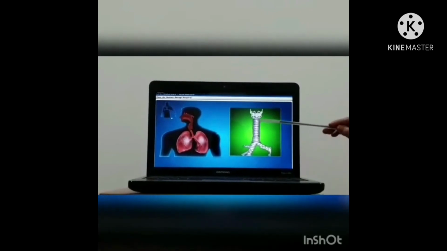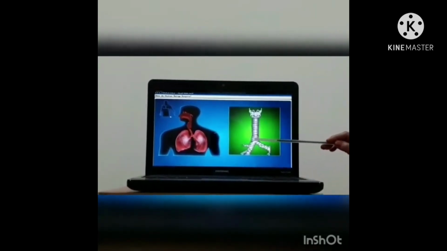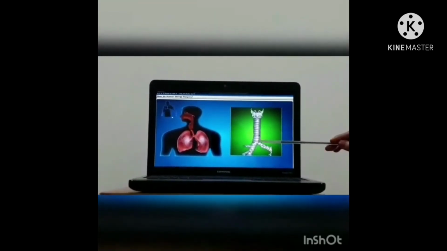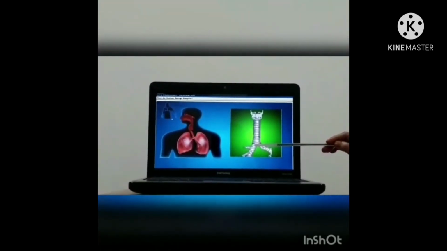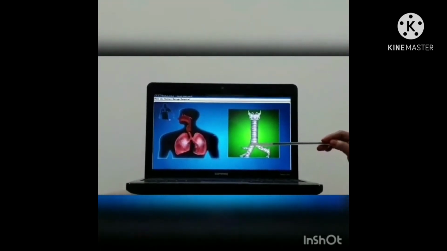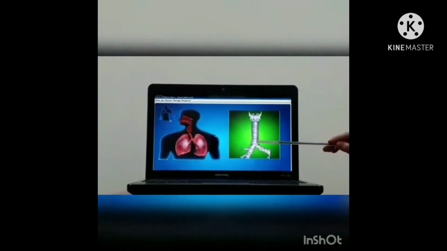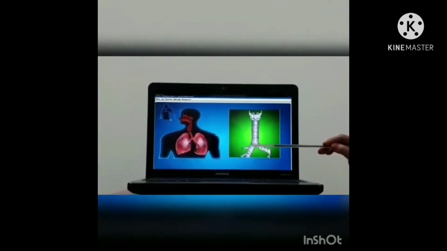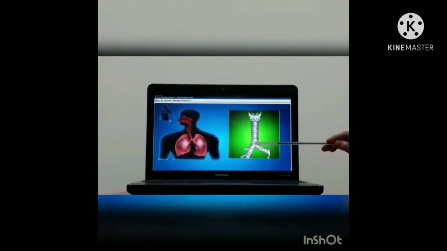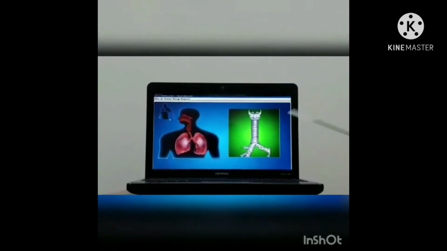Now see, this is the trachea. Throughout the length of this trachea, incomplete rings of cartilage are present. These keep this path always open. Even in the absence of air, it never collapses, because of the incomplete or C-shaped rings of cartilage.